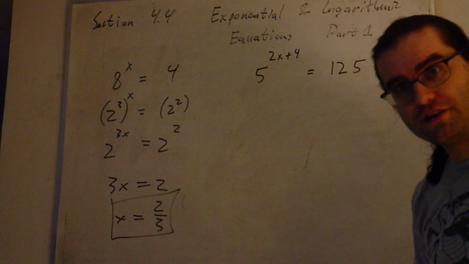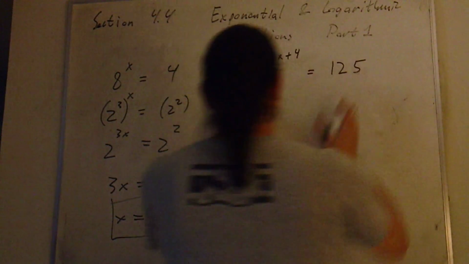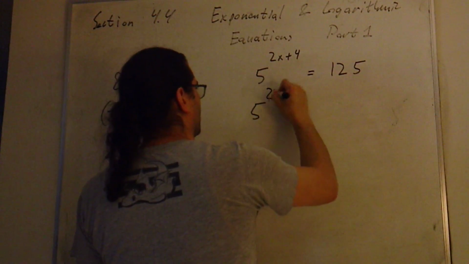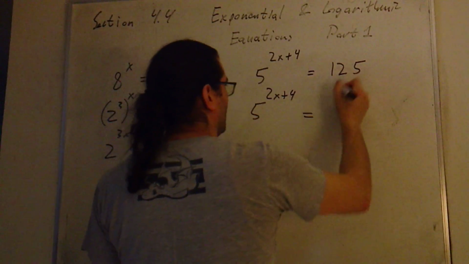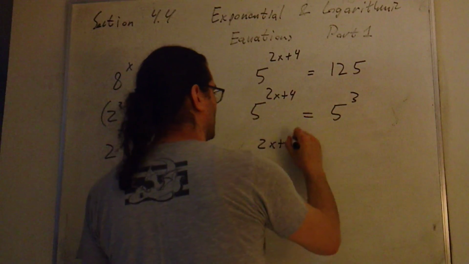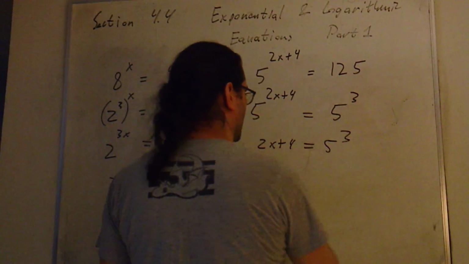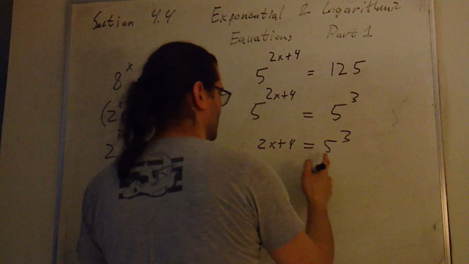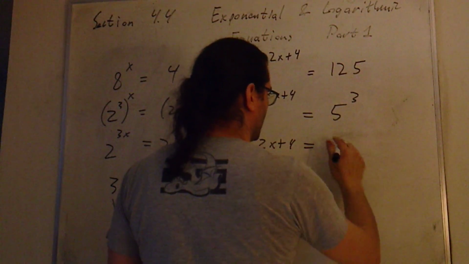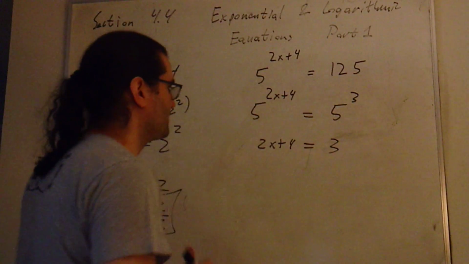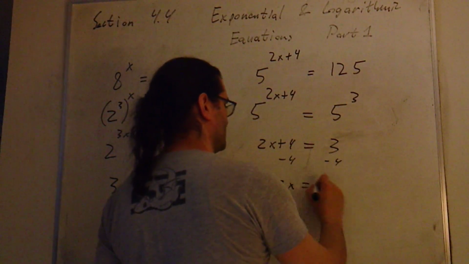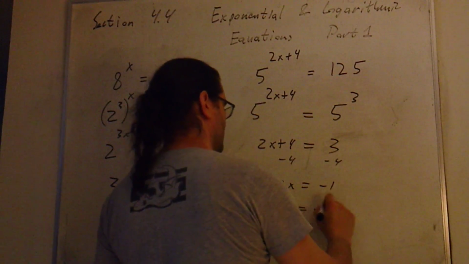If we're going to solve this, we should first express both sides as powers of the same base. 5 is fine by itself. I'm just going to leave that alone. 125, I can call that 5 cubed. This means that 2x plus 4 equals 3. The 5 goes away. So I need to subtract 4 from both sides. 2x equals -1. x equals -1/2.